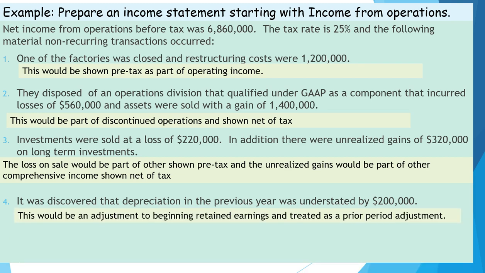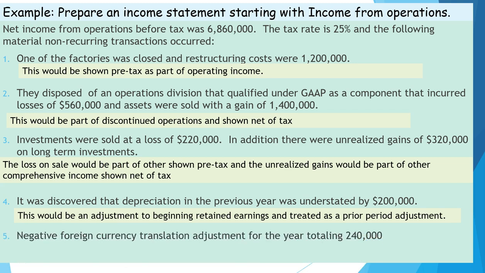This would be an adjustment to beginning retained earnings and treated as a prior period adjustment. Our last transaction is we had negative foreign currency translation adjustment of $240,000. This would be part of other comprehensive income and would have to be shown net of tax.